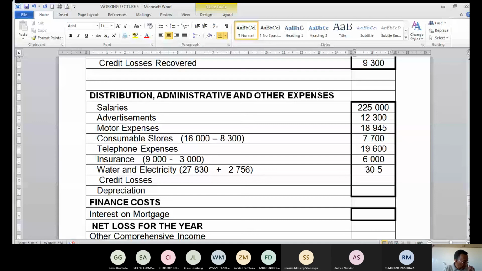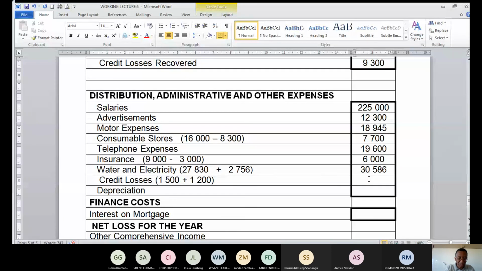Our credit losses. Our credit loss expense will be 1,500 rand plus an amount of 1,200. We have worked through those adjustments already. So my expense for credit losses will be the amount of 2,700 rand.